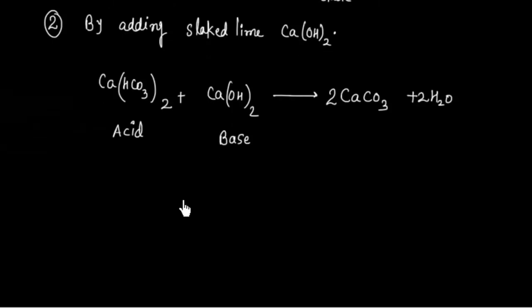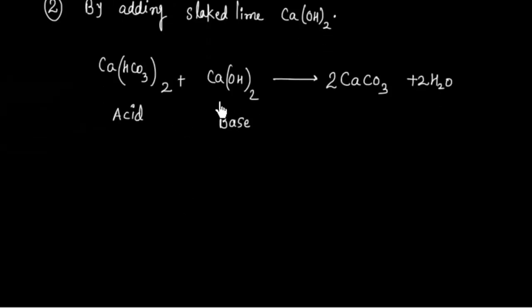Another important point in this case, if we add Ca(OH)2 in excess, what will happen? It will initially react with calcium bicarbonate, but the excess will remain in the water, and the excess Ca2+ will itself cause hardness in the water.